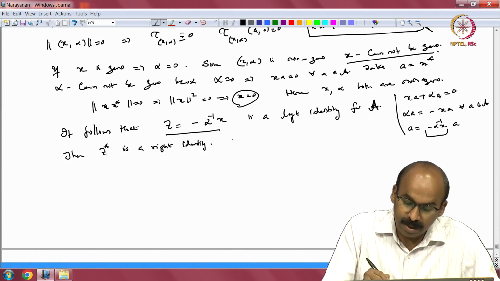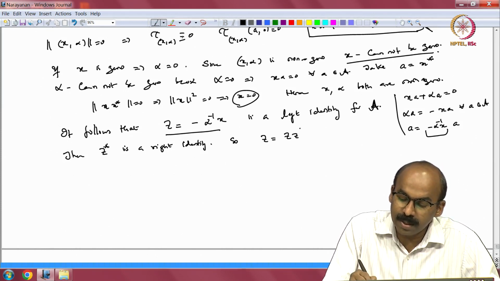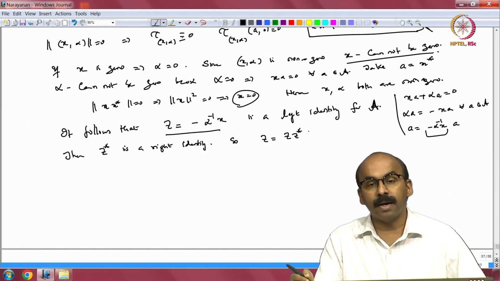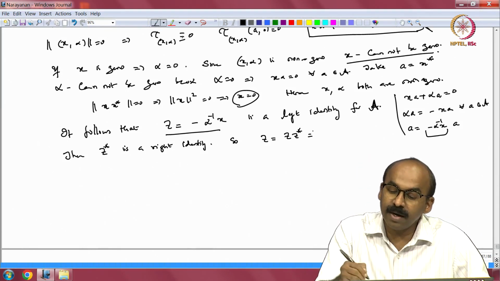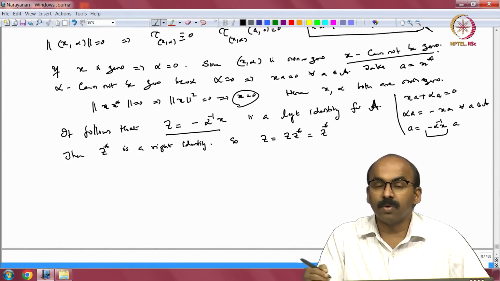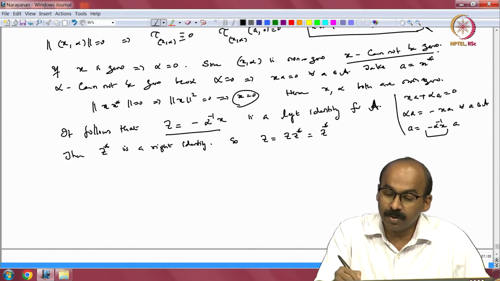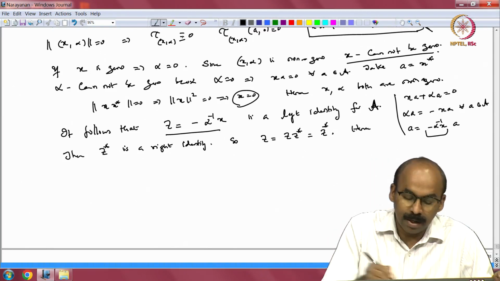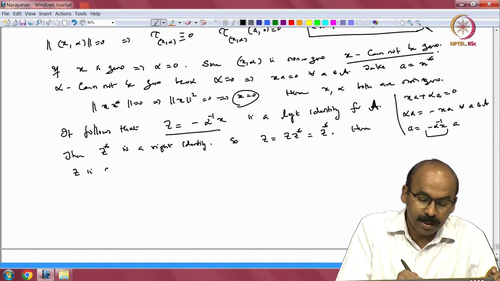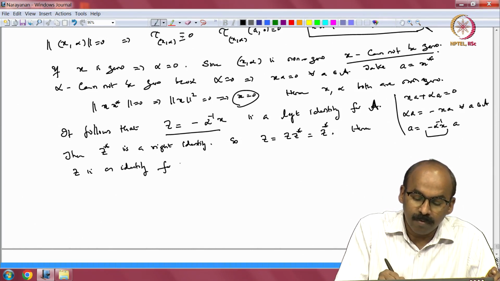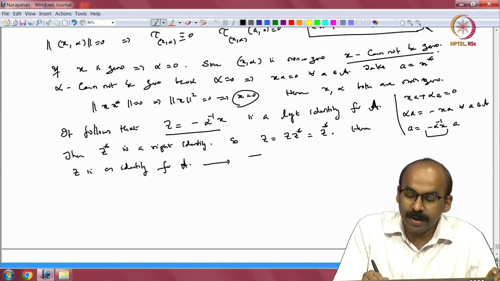But that implies z equal to z times z star, because z star is a right identity, but z is a left identity, so I will get z star. So, z equal to z star, and so z is both left and right identity. So, it is the identity. So, hence z is an identity for A, okay, but that is a contradiction.